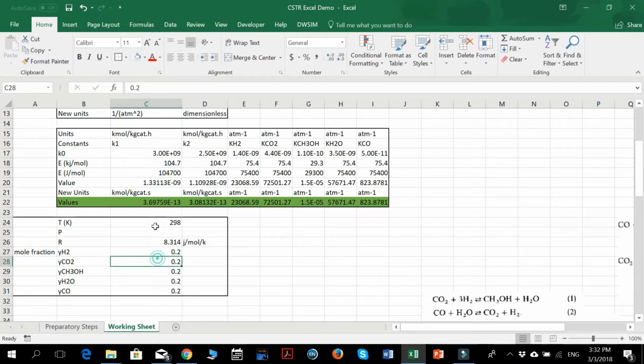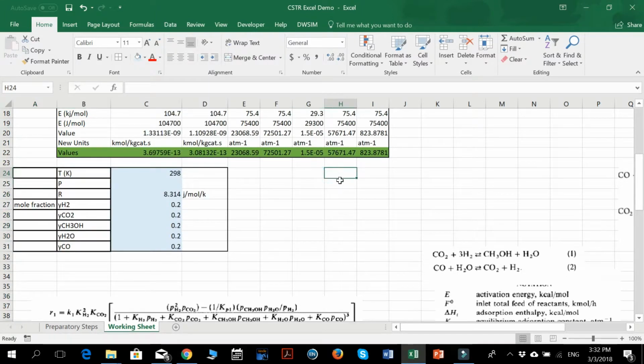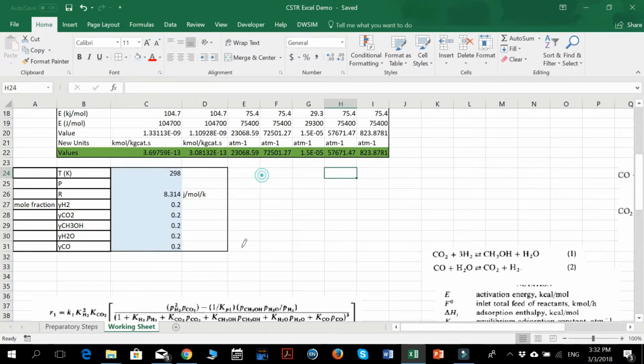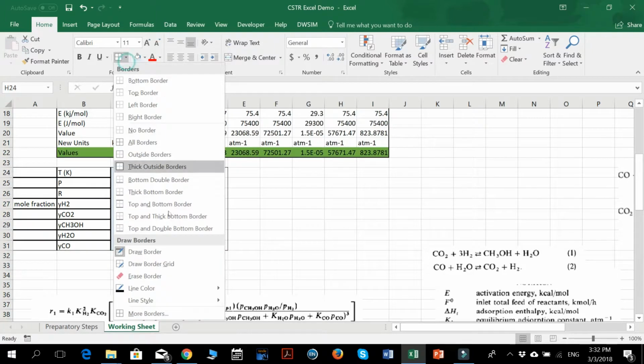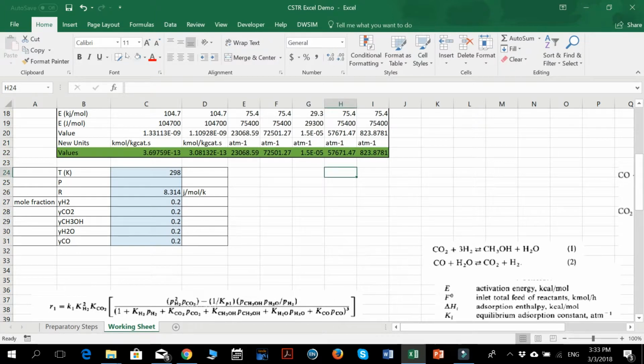Take outside borders. So to format, I want to give it the paint, fill the color. Whatever. Alright, I'll just leave it as that. And I'm going to border this thing up. Okay, it looks a bit ugly, but maybe I'll deal with it later. So anyway, line style, let's see. Draw border grid. There you go. That's much better.